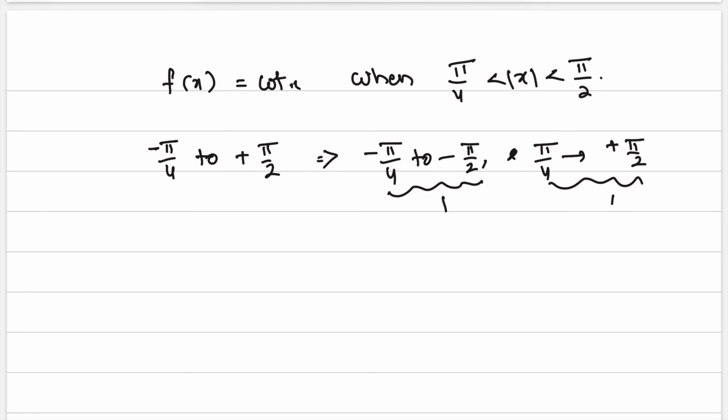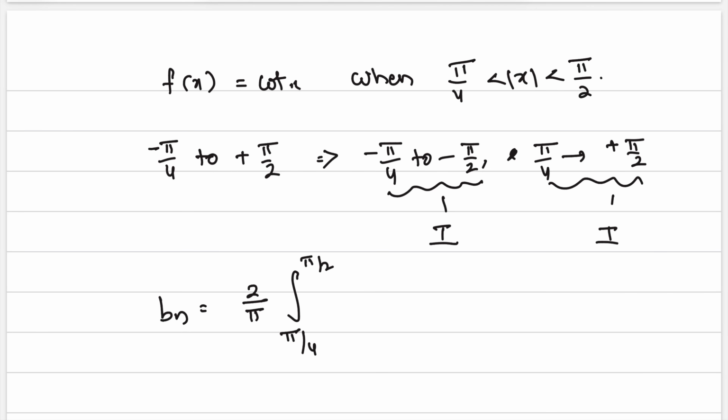If this integral is I, then our total value of Bn will be 2 by pi. Instead of 1 by pi, it will become 2 by pi because both are added. The interval can be written as pi by 4 to pi by 2 by removing the negative sign.